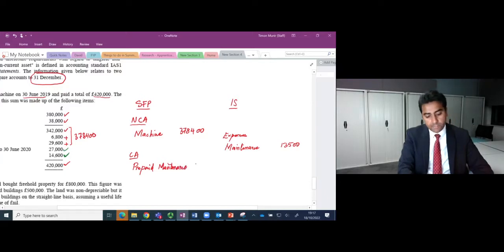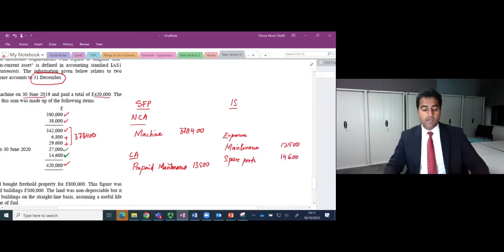Prepaid maintenance cost, which is 13,500. Spare parts will be recorded as an expense in the income statement. So this is the recognition and valuation of assets in our financial statement.